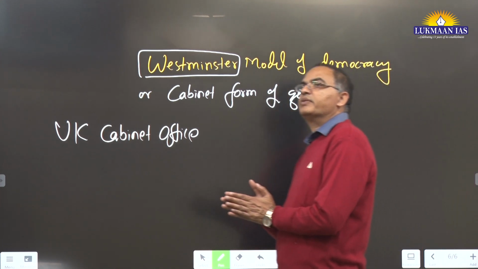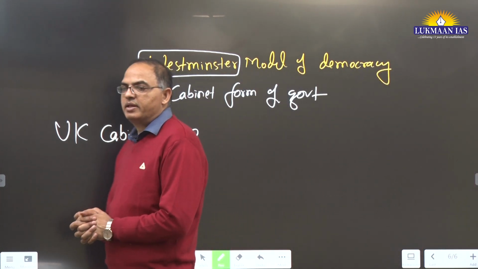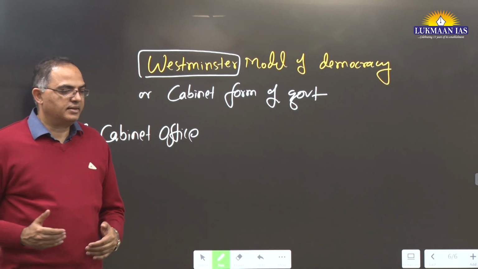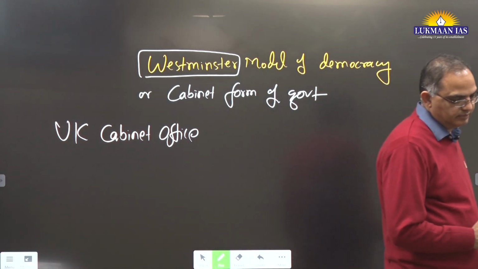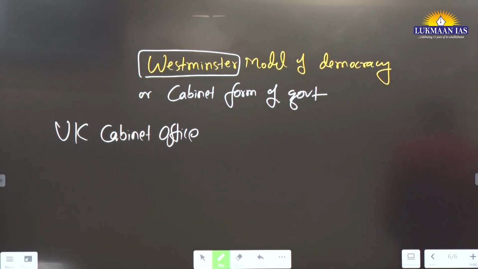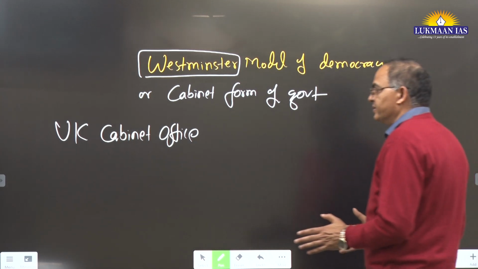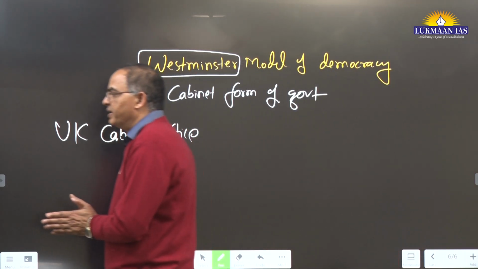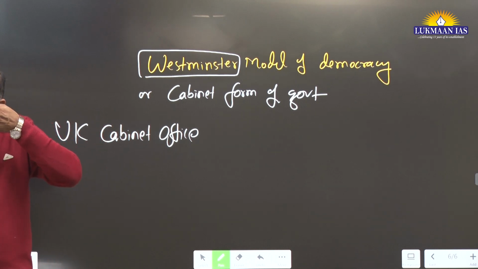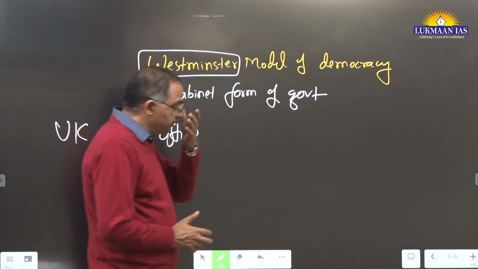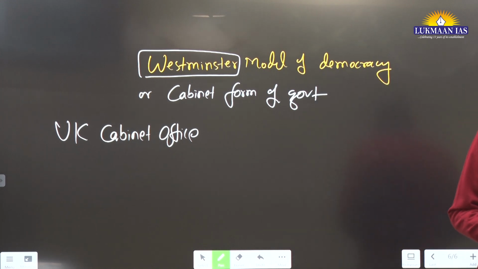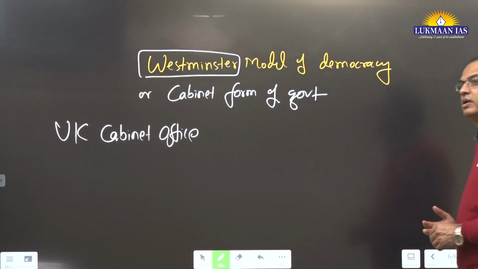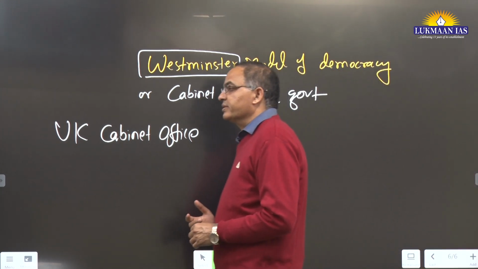Let's see. However, still there are differences. So on one side you write about India, Indian parliamentary democracy. On the other side you write UK parliamentary democracy.